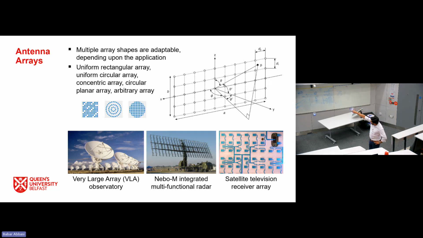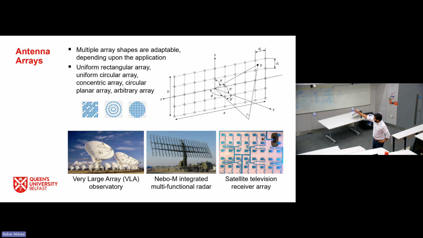Then we can have those antennas that have multiple names. Some people call them thinned antenna arrays. Some people call them virtual antenna arrays, in which there are some virtual elements that don't exist physically, but they exist mathematically. Antenna array apertures have an enormous number of applications.